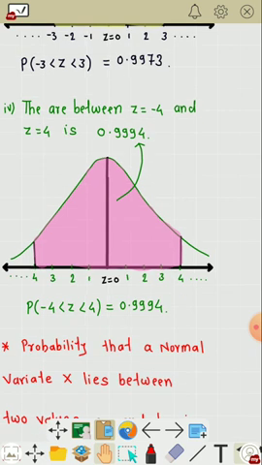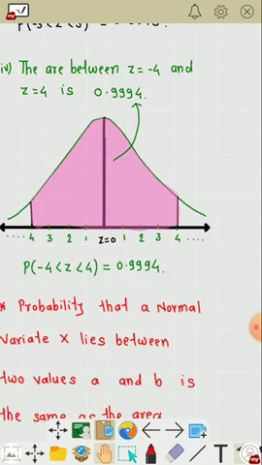Now let us go to the next standard area. The area between z equal to -4 and z equal to 4 is 0.9994.